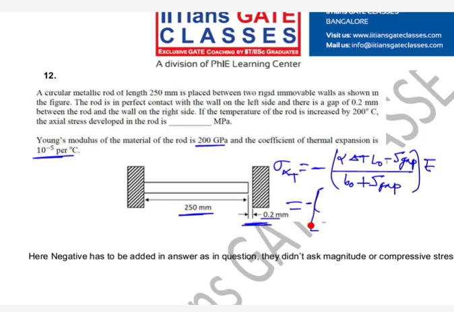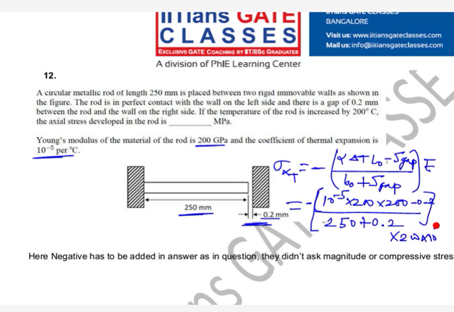So it is 10 to the power minus 5. Change in temperature is 200. It is 250 minus 0.2 upon length 250 plus 0.2 into 200 into 10 to the power 3.